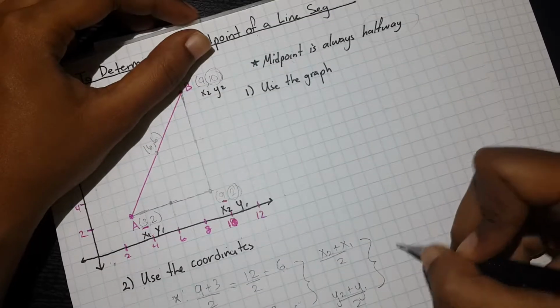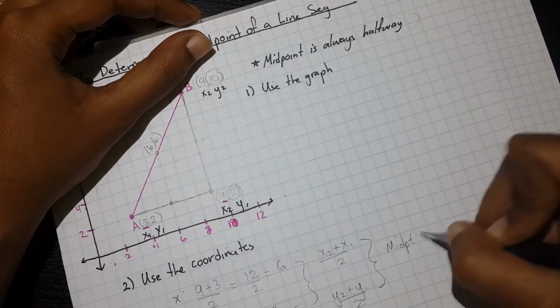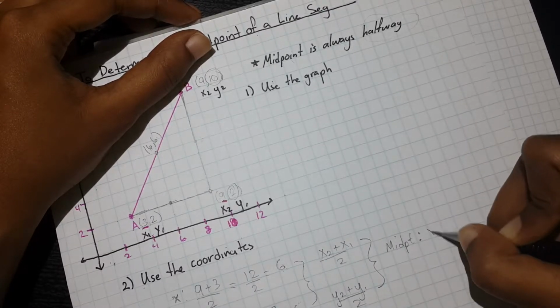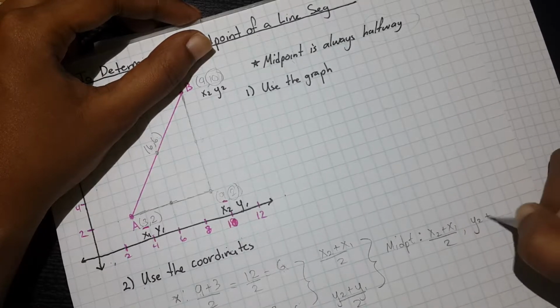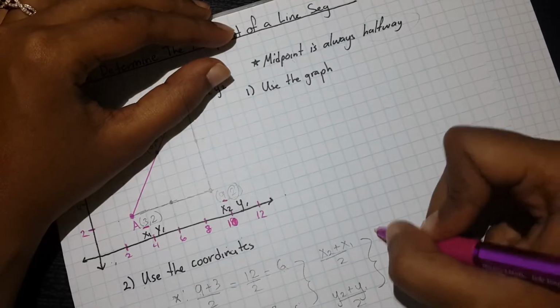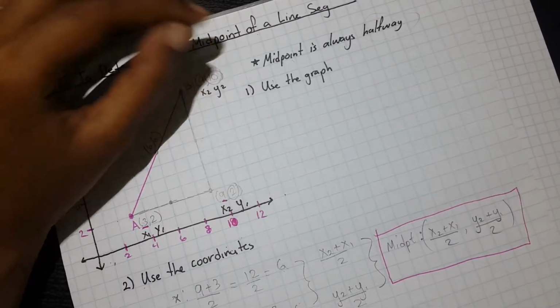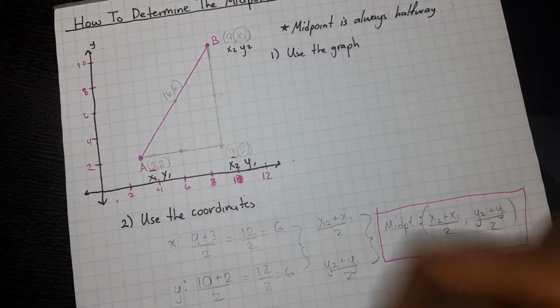So the midpoint formula actually ends up being the following. It's going to be midpoint, I'm going to shorthand that, and it's just going to be x2 plus x1 over 2, comma y2 plus y1 over 2. And this is the exact formula that you'll see if you search up online. This is the formula that is recommended when you're solving for this algebraically.